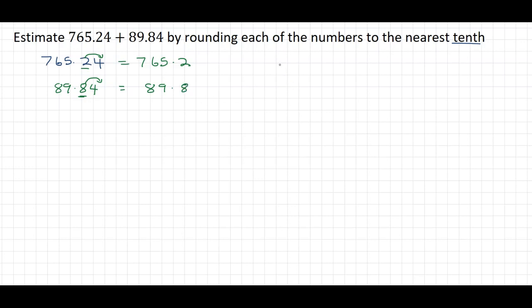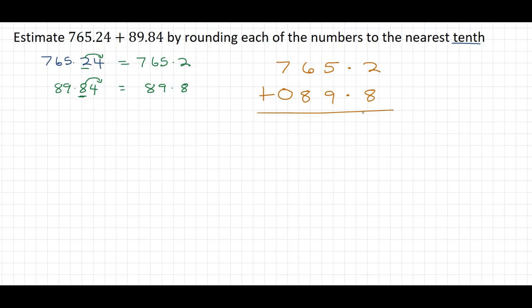So we're going to have 765.2 plus 89.8. Remember when you're adding decimals, your decimals should line up. As a good practice, I like to put a 0 in any missing spaces to the left of the number, just so that we have the same number of digits in each of the rows.